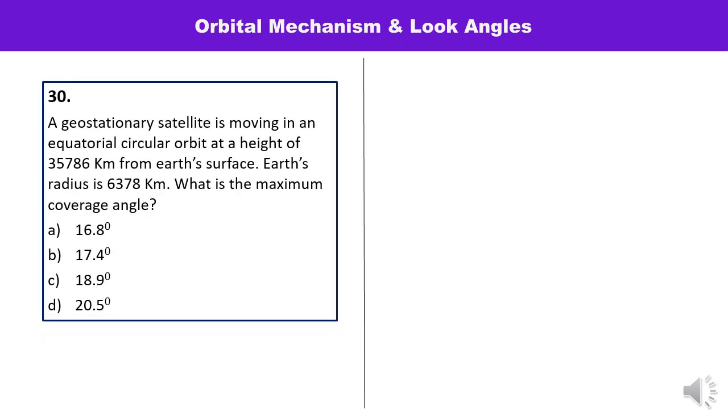In this question, a geostationary satellite is moving in an equatorial circular orbit at a height of 35,786 kilometer.